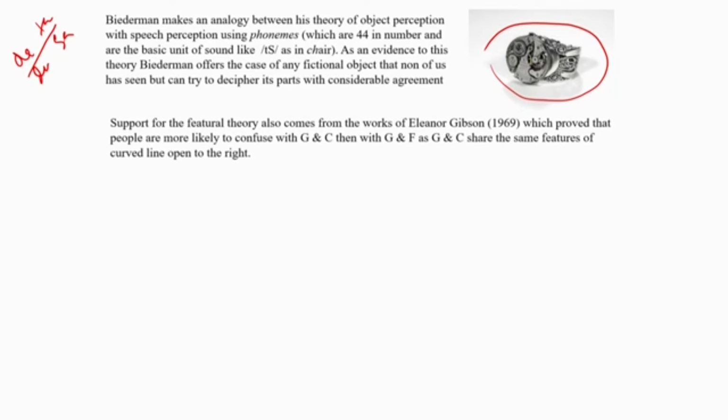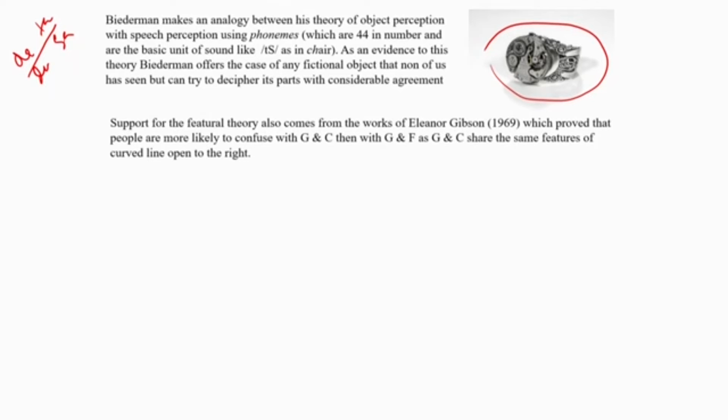Now, support from Eleanor Gibson's 1969 theory of perception of similar letters also supports the idea of the feature analysis model. What did Gibson find out? She found out that items, letters or words which have similar shapes, which have similar features, are confused more than words which have different shapes.